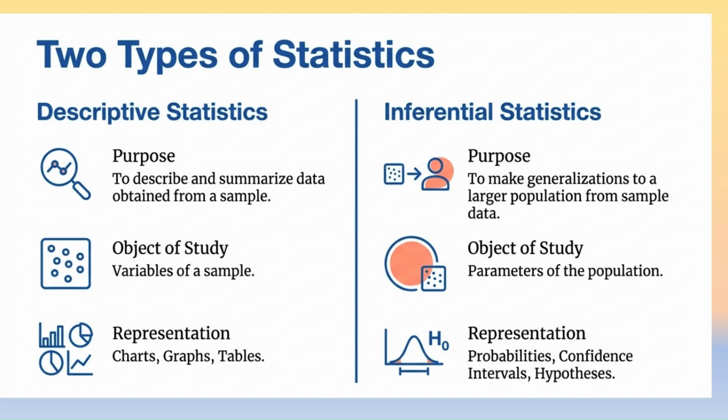Inferential statistics help us make conclusions or predictions about the population based on sample data. This includes hypothesis testing, p-values, confidence intervals, and regression analysis. Inferential statistics allow us to determine whether results are statistically significant or not.